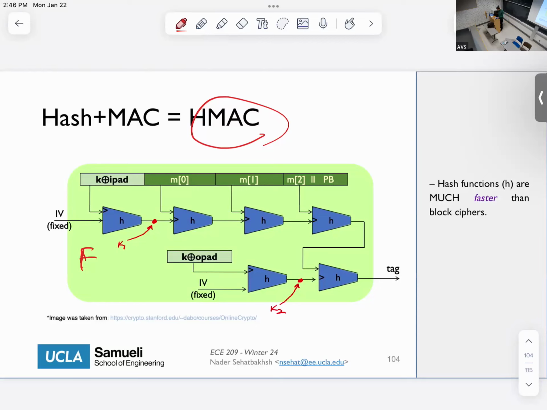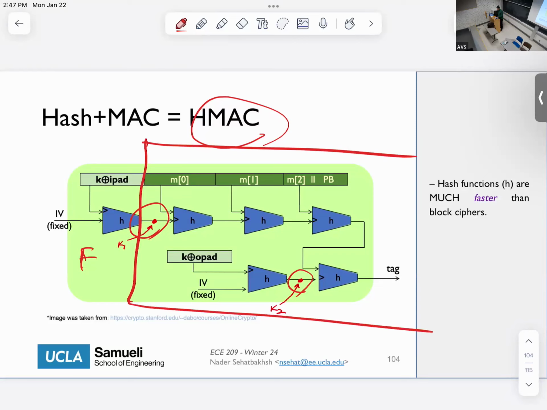So how do we do that? We start with exactly the same thing that we had before. We have two keys here. This is my K1, this is my K2, and then the rest, if you look at it from this part, you will see that this is exactly the same way that we had in NMAC, right?